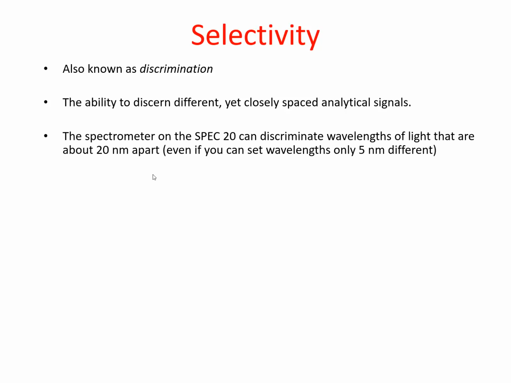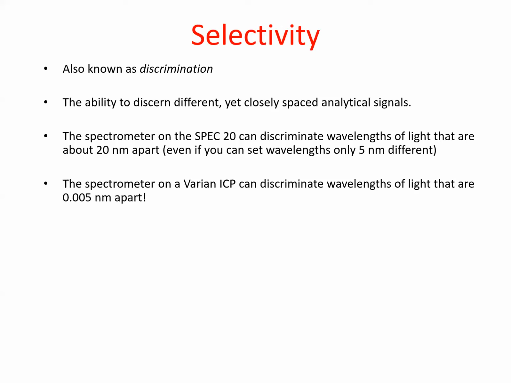And if you take spectrometers like a SPEC20, it can discriminate wavelengths of light that are about 20 nanometers apart. Even if you can set wavelengths only 5 nanometers different, it cannot discriminate between wavelengths that are very close.